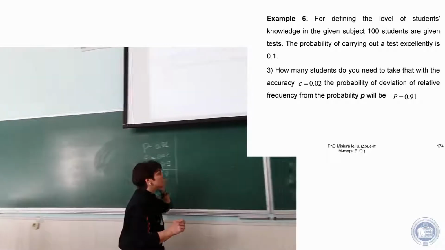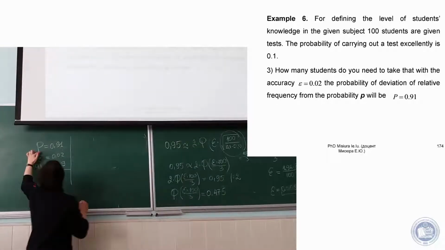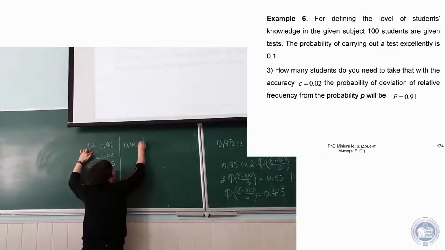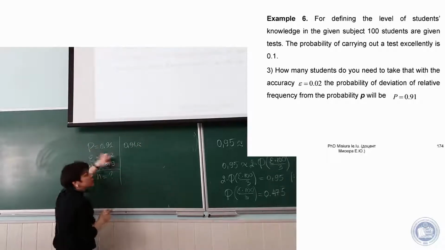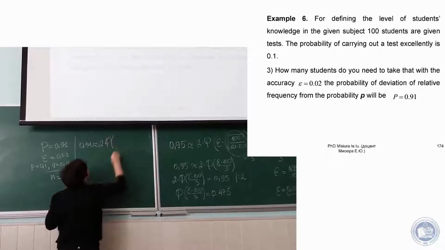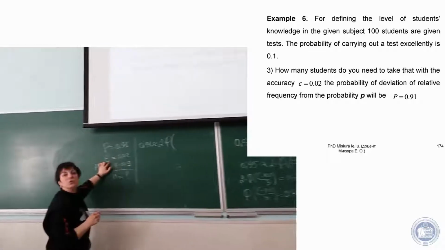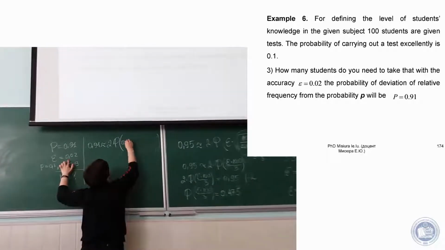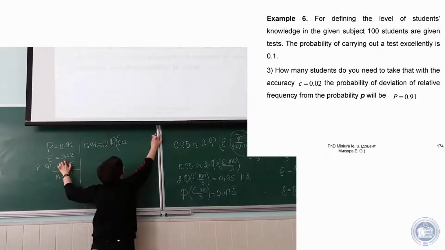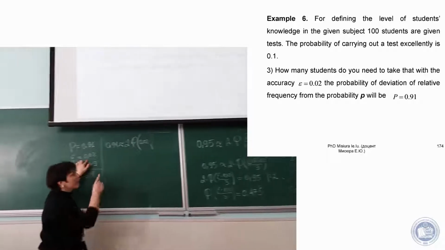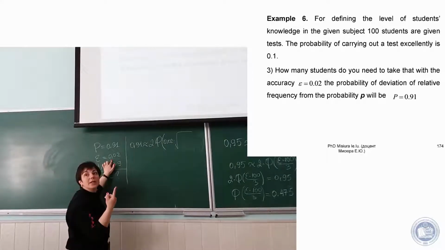Let's substitute. Capital P, or 0.91, approximately equals 2 times phi of epsilon. Do you know epsilon? Okay, let's substitute 0.02 times. Next value will be n.